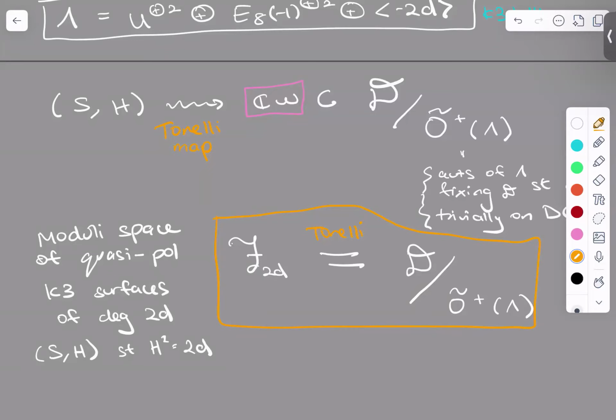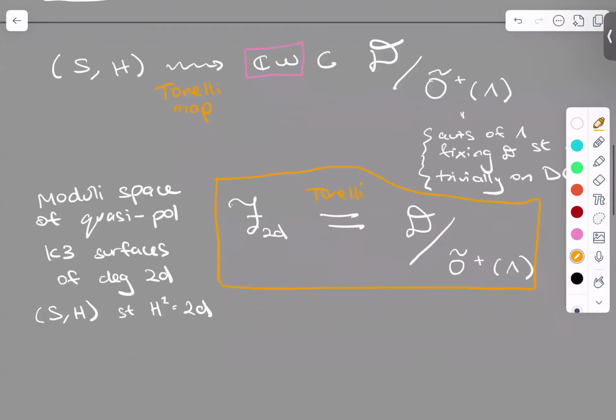Meaning now this quotient space on the right parameterizes these pairs of a K3 surface together with a quasi-polarization of fixed degree, such that any family of such pairs can be encoded by the data of a family inside this quotient space that I've written on the right. Okay. And you will recognize that this thing on the right is, of course, an orthogonal modular variety.